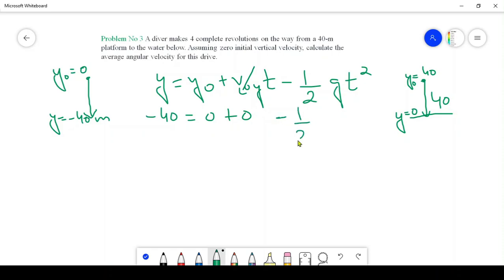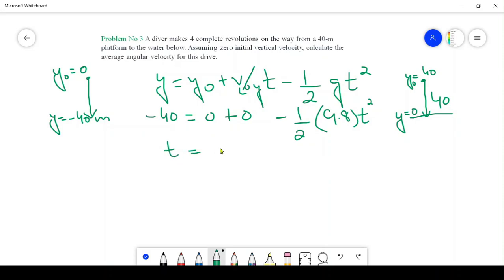I know the value of g, which is equal to 9.8, and t square. Now we rearrange this equation to solve for the value of time.